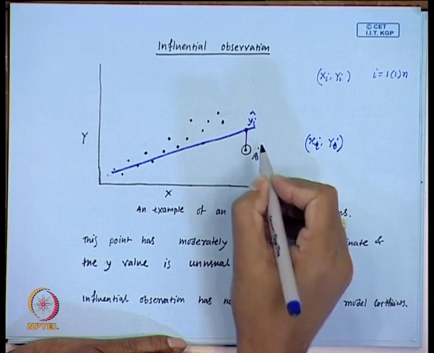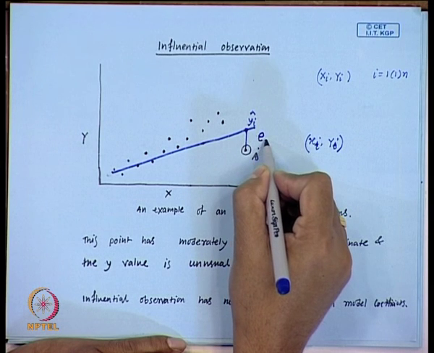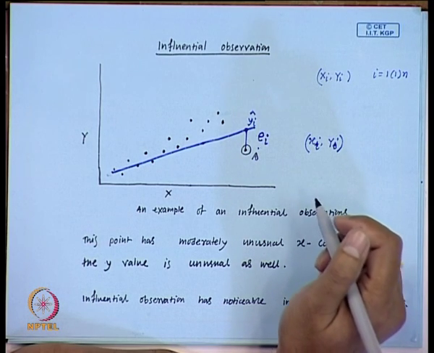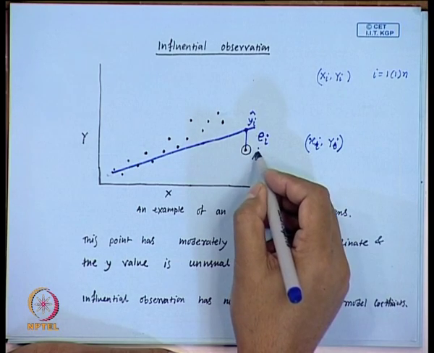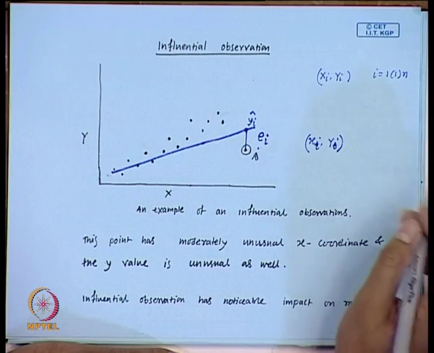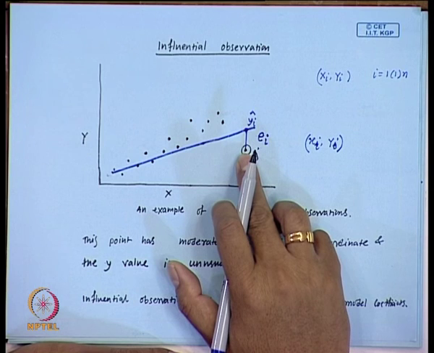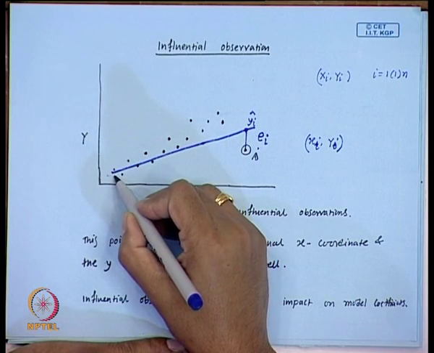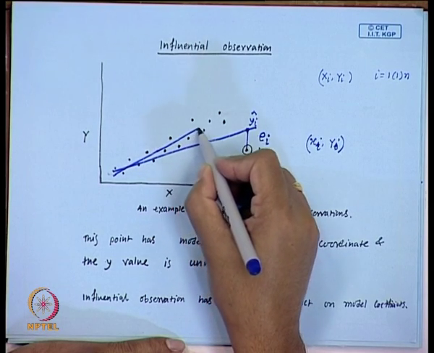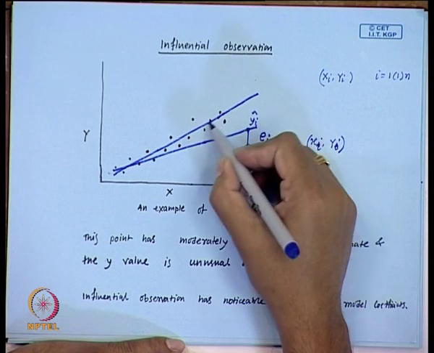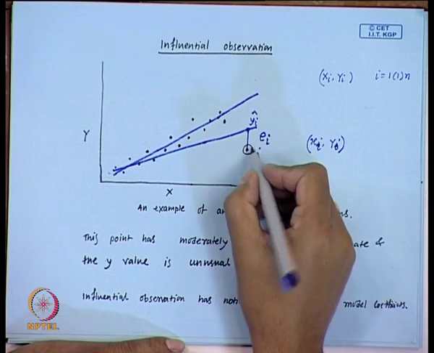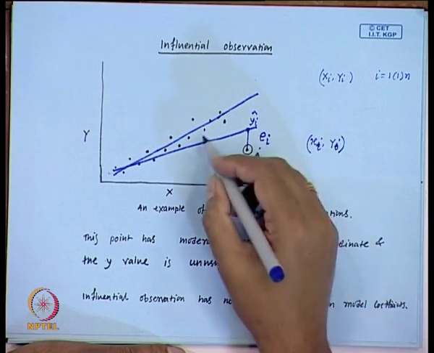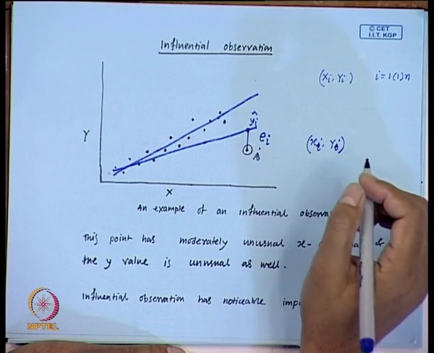The difference is this much, and this is the ith regular residual E I. Now, if this ith observation is deleted from this data set, suppose this observation is not there in the set of observations, then my fitted model will look like this, and this fitted model is of course not influenced by this influential observation, because I am fitting this model based on all the observations except this ith observation.